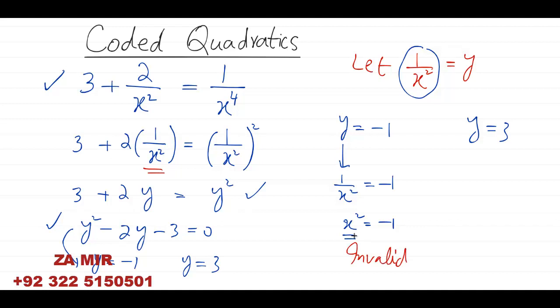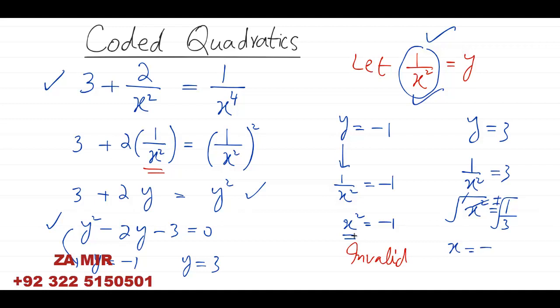And what about this side? Use this again: 1 over x square is equal to 3, and x square is equal to 1 over 3. Taking the square root on both sides, when we take the square root, it is plus minus, so the square cancels.